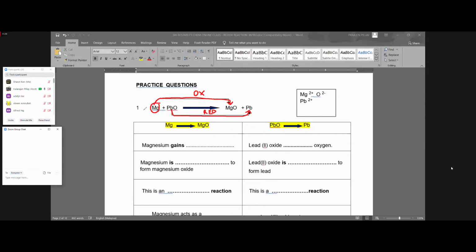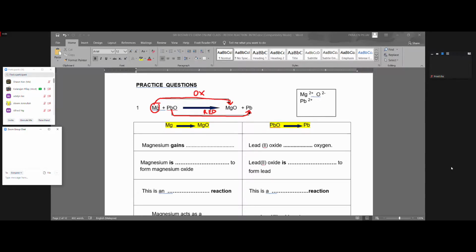So one is oxidizing agent, one is reducing. You can see PbO underwent reduction. So this must be your reducing agent, because when PbO reacted with magnesium, it became reduced. So Mg is your reducing agent. And then here, you can see Mg became MgO. It was oxidized, correct? So this must be oxidizing agent, because Mg added to this, Mg was oxidized.